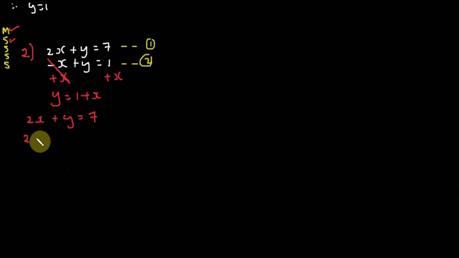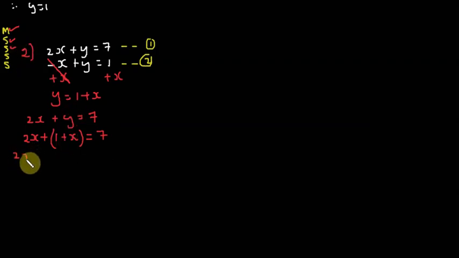Wherever I see y, I call him by his name. What is his name? 1 plus x. Boom. Bang. I write back the 7. Beam. So this s means I simplify.